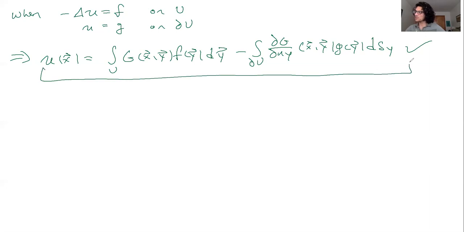So this is a solution to the Poisson equation when you have an inhomogeneous Dirichlet boundary condition. You can extend this to the case of Neumann boundary conditions. We'll probably get to that next week.